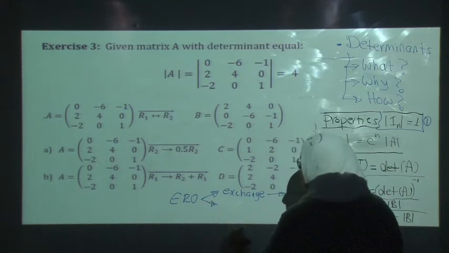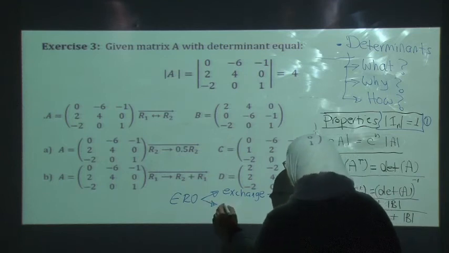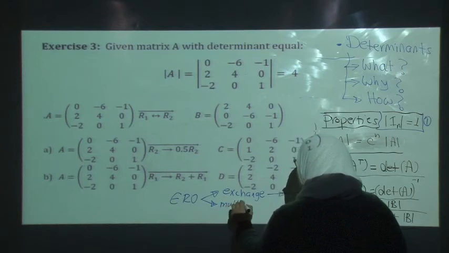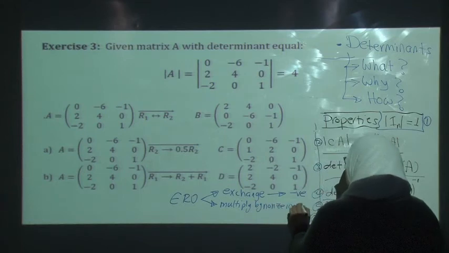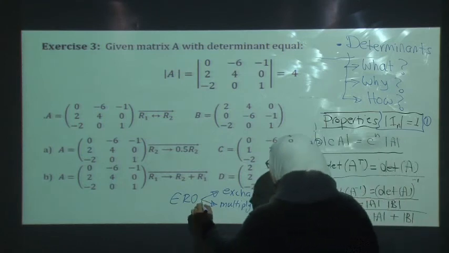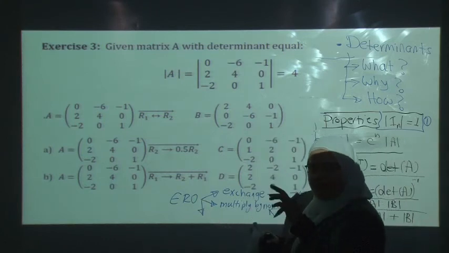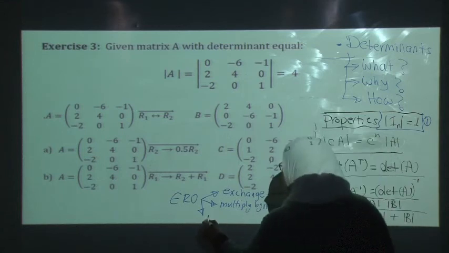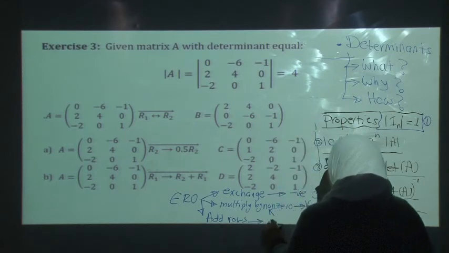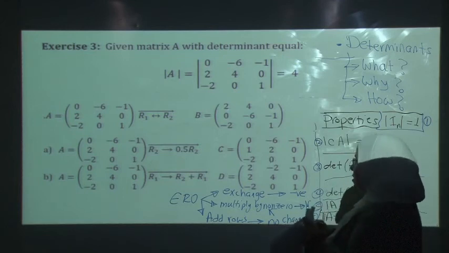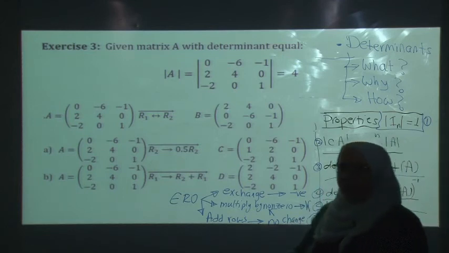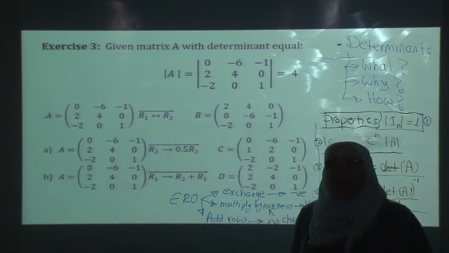The second elementary row operation, multiplying by a non-zero constant K, means the determinant will be multiplied by K. The last elementary row operation was adding two rows or two columns, or multiples of them. This will have no change in the determinant.